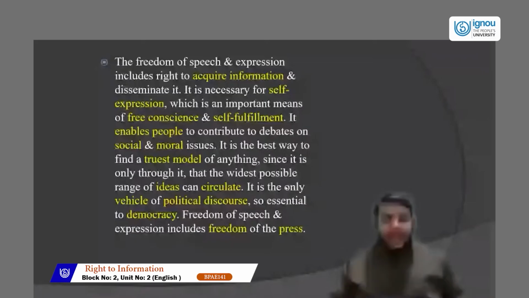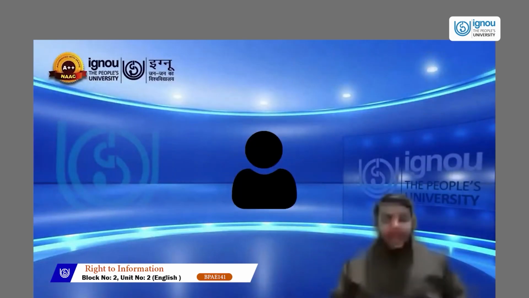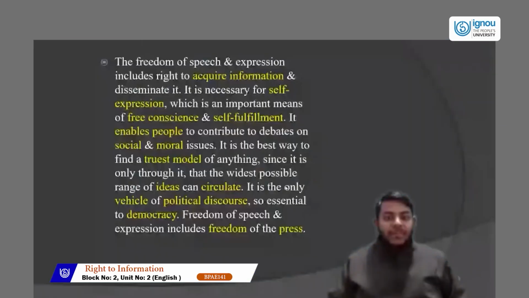And it is the best way to find the truest model of enlightenment, since it is only through this freedom that the widest possible range of ideas can circulate. It is the only vehicle of political discourse as well, which is very essential to democracy. So freedom of speech and expression includes the freedom of press as well.